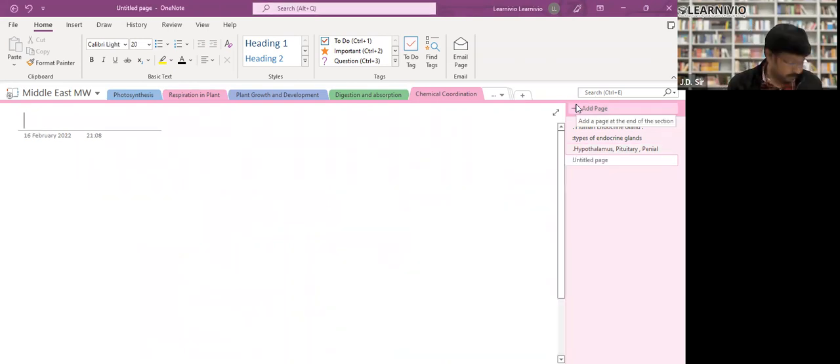Let me check it. We were doing as per the sequence of the NCERT.